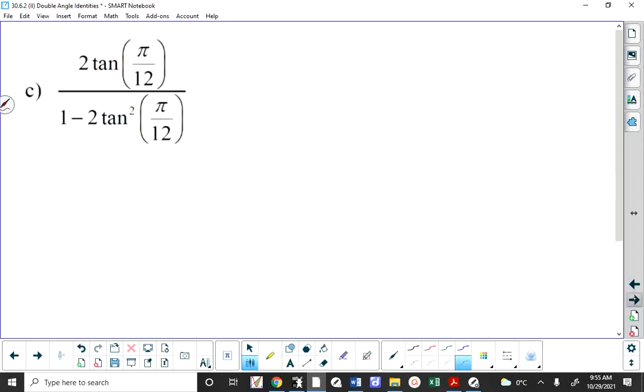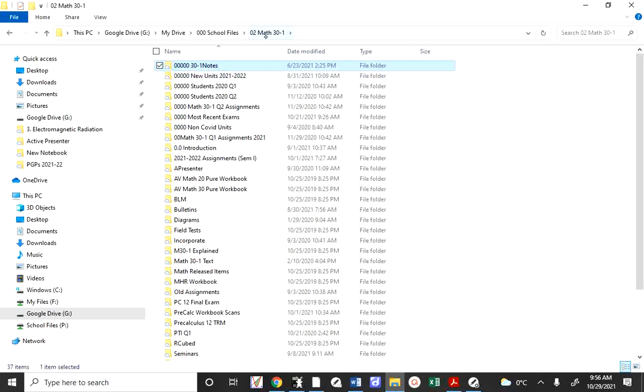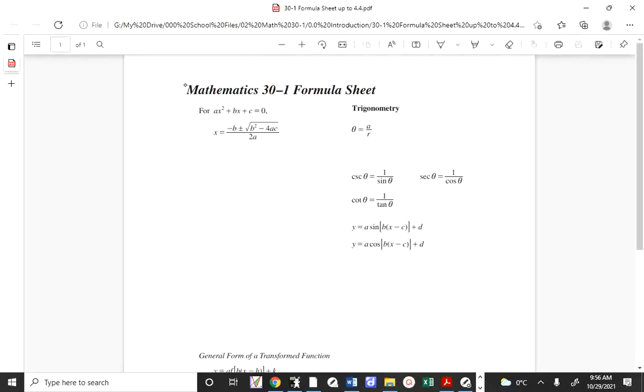Okay, so is there an identity that has 2 tangent of an angle over 1 minus 2 tan squared? I got to check something here. That doesn't seem right to me. But I'm no good with my tangent identities. I can't remember them. That's not it.